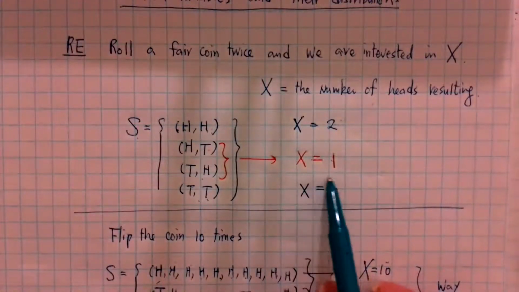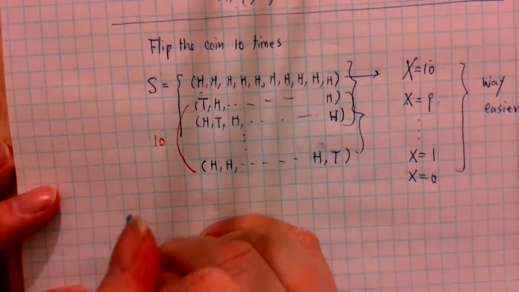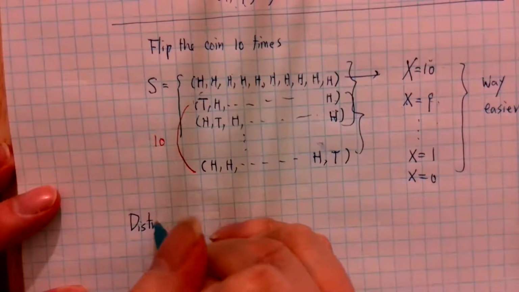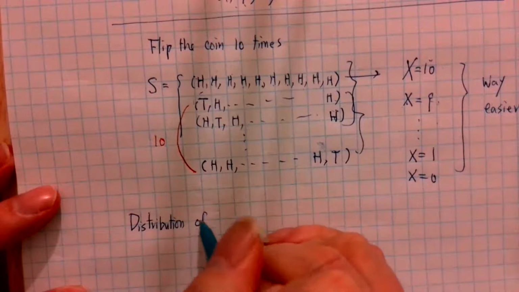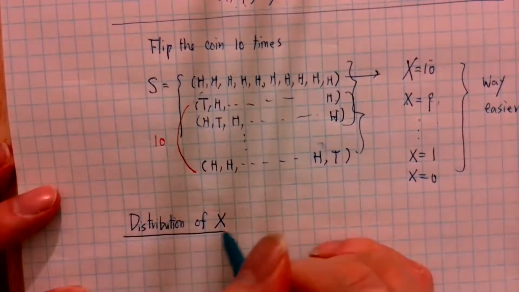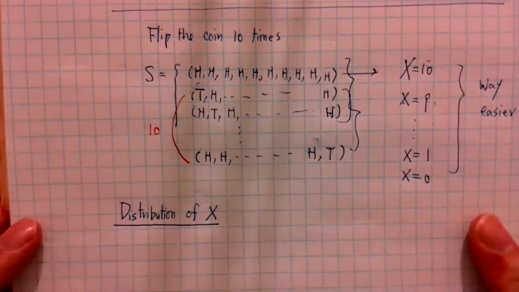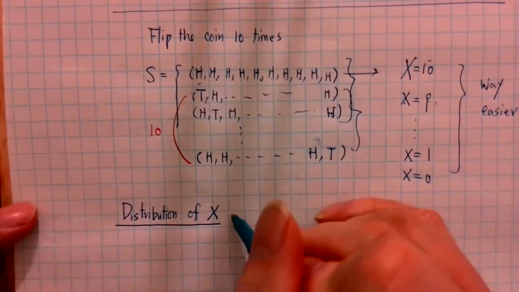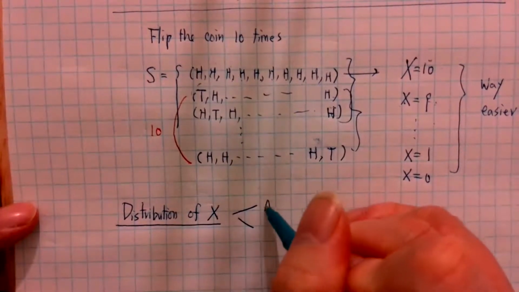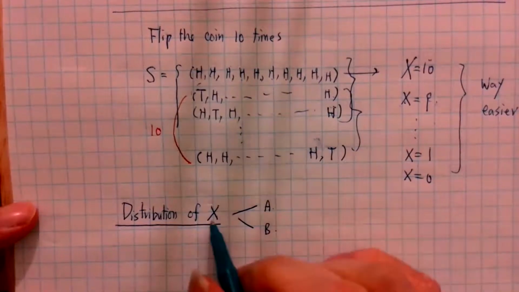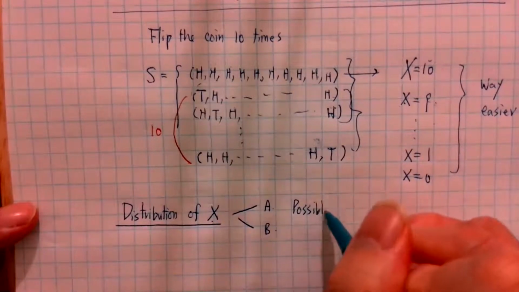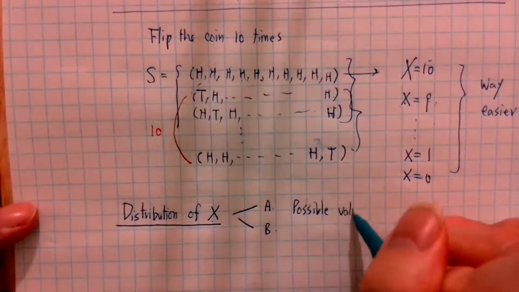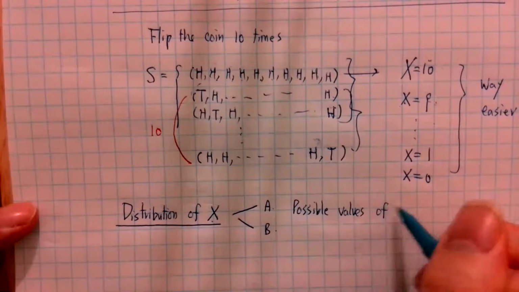Now next, let's look at the probability distribution of X. When we say distribution of a variable, what does that mean? That means two pieces of information need to be included. First, you need to tell me what the possible values of X are.